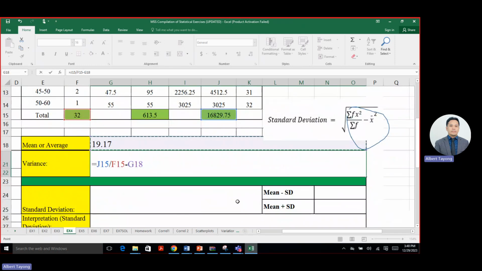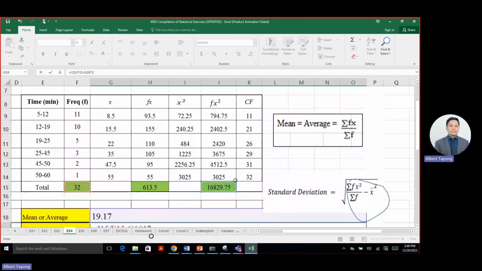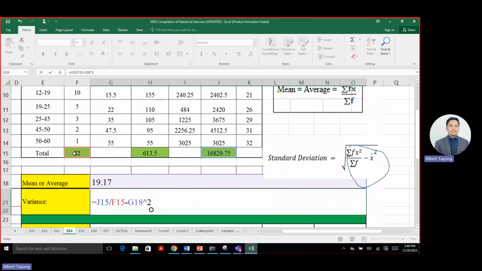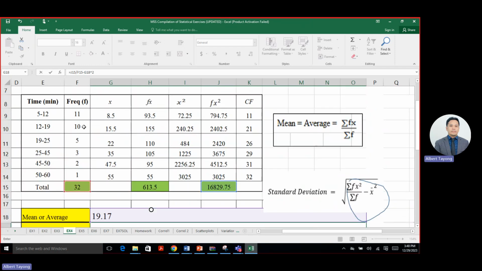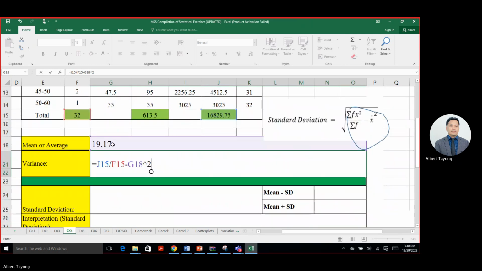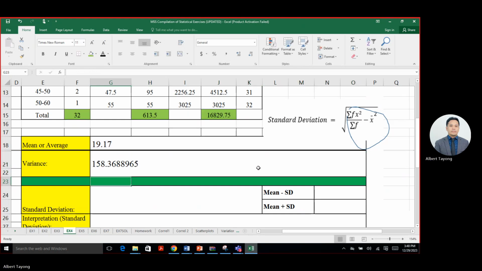It's the mean, shift 6, 2. So again, we select the total sigma fx squared, divide the total of our f minus the mean or the average square, because we have here x bar squared. X bar is our mean. Okay, so we reduce to two decimal places.